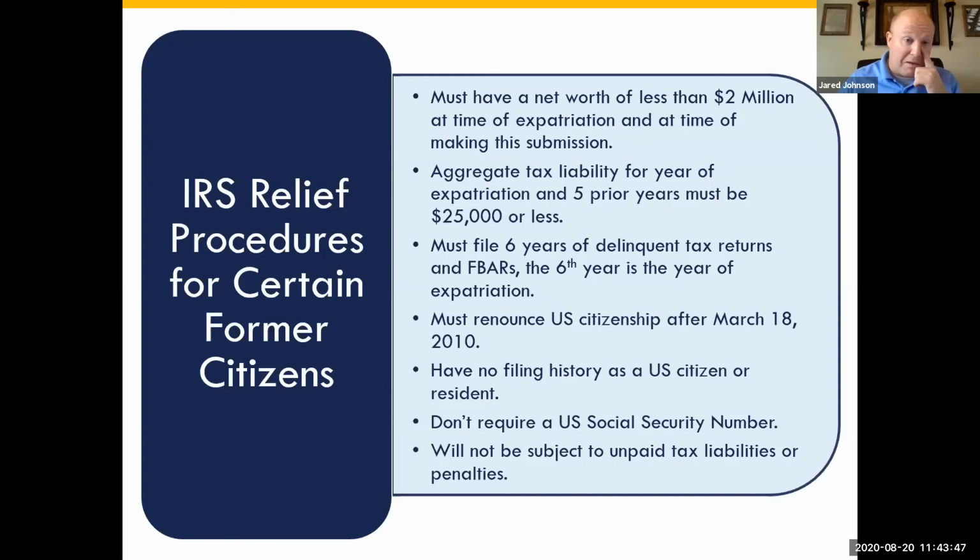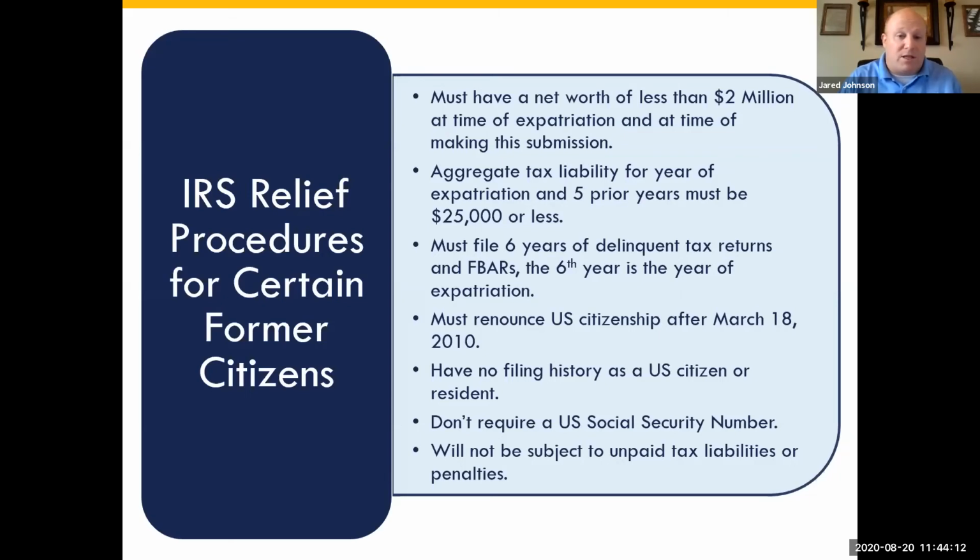And so they're like, why do I even want to have citizenship? Or I never go to the United States, so I don't even want citizenship. So this allows them to file 6 years worth of returns and immediately relinquish their citizenship along with it, and not require them to get a social security number.